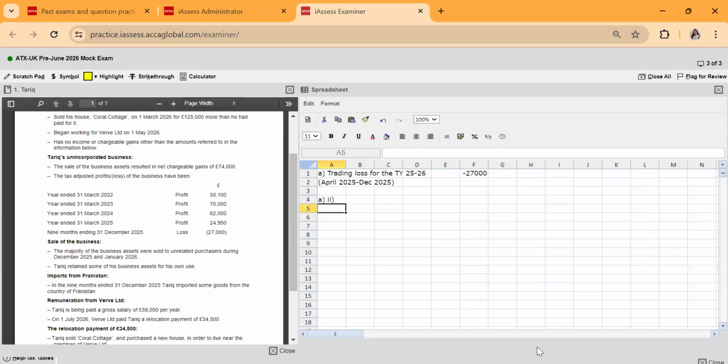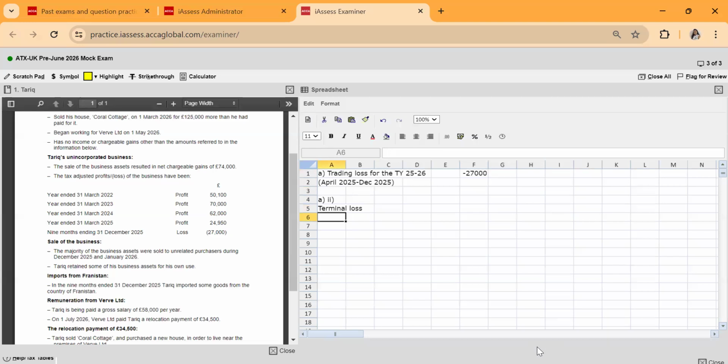Now the question is terminal loss relief. What is the terminal loss relief that we will have? See, what is terminal loss? Terminal loss is always the loss arising in the last 12 months of trade. Last 12 months from the end of the cessation of the business, we'll take the last 12 months.